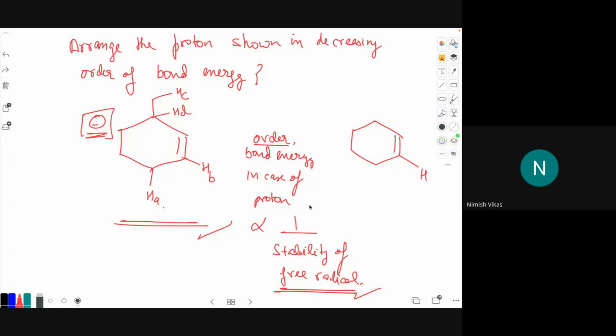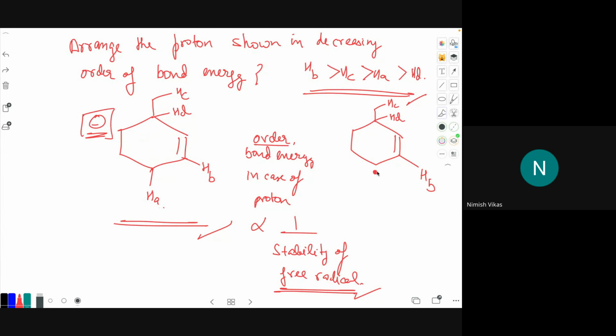Wait, what is the answer they have given? HB, HC, HA, HD. Okay. So if we do it with radical, for example, this radical will come over here. We'll check all the radicals, right? So this one is resonance stabilized, so this is fine.